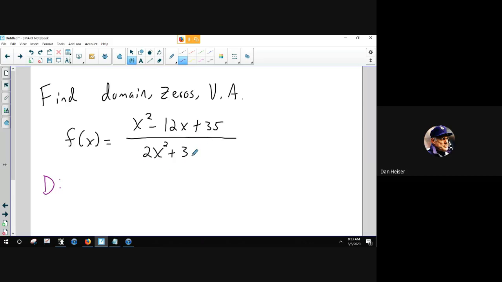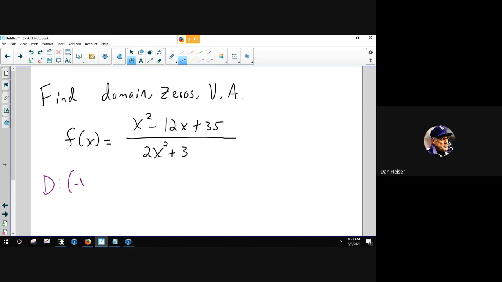Is there any? And it looks like the answer is no. No matter what I plug in for x, I square it, making it positive. Then it's doubled, still positive. Then 3 is added to it, still positive. Nothing will make this equal to 0.